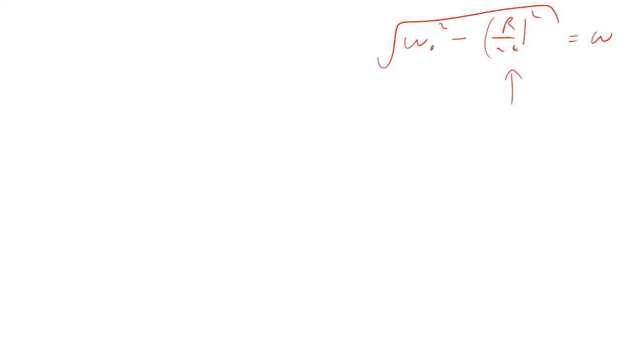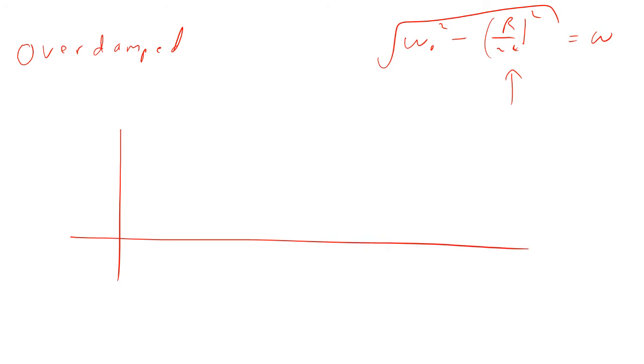Now we have an imaginary argument there, and so this becomes overdamped. For an overdamped case, Q over time just gradually drops down, asymptotically approaching zero. This would be a circuit in which you have a very big resistance, you charge it up, and it just very gradually drops down.